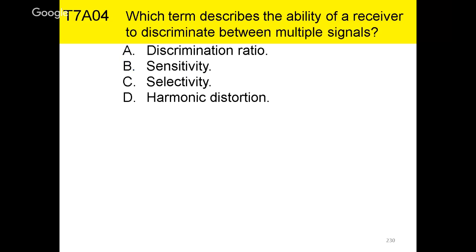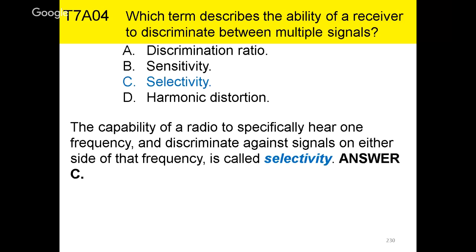Which term describes the ability of a receiver to discriminate between multiple signals? This is a little bit different than sensitivity. You want to be able to pull out only the desired signal that you want to receive, and that has to do with selectivity. Is it selective enough that it will reject the signals on the side?